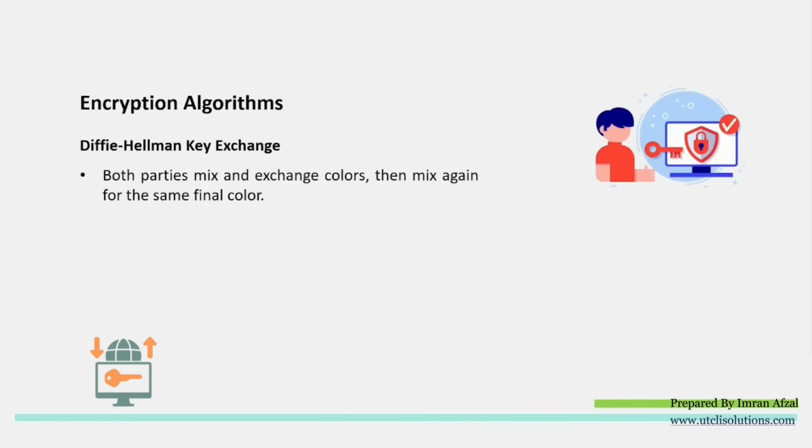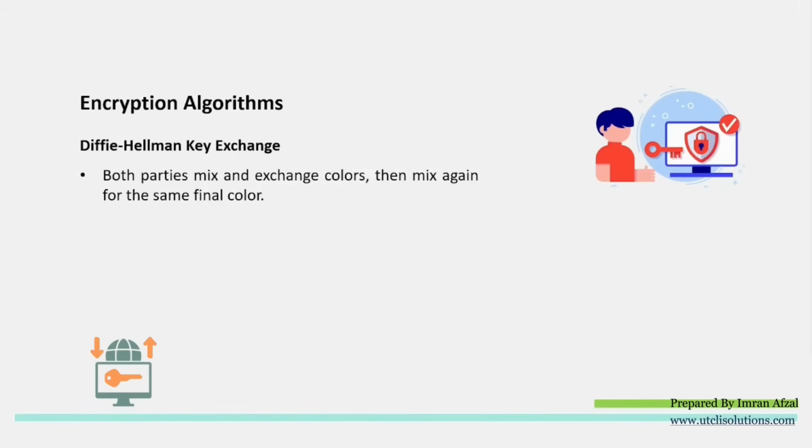Each of you then secretly chooses a private color, and mixes it with the public color to create a new color. That is called the public mix, and you send this to each other through the messenger. When you receive your friend's public mix, you add your private color to it, while your friend does the same with your public mix and their private color. The magic happens when both of you end up with the exact same final color.